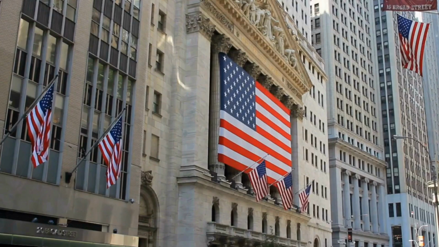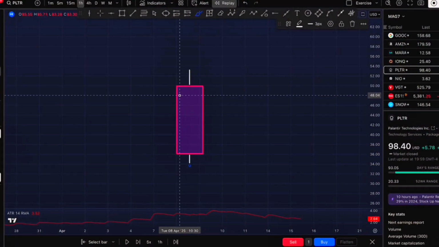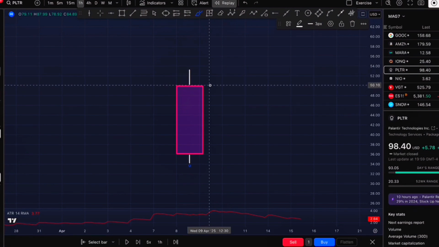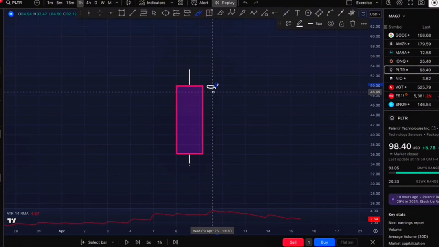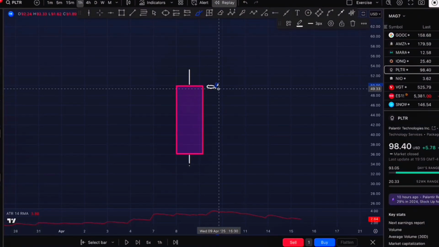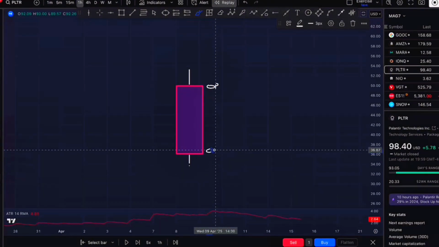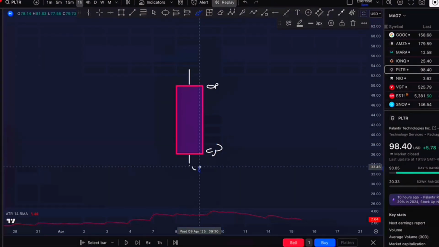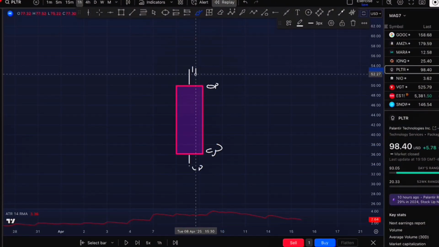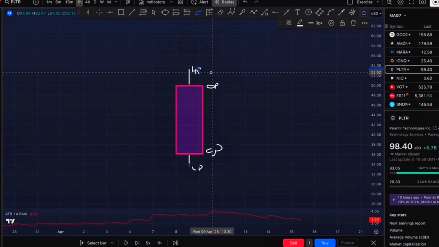The candle opens its price here and closes the price here. Here we have the lowest price, and this is the highest price the price traveled to.